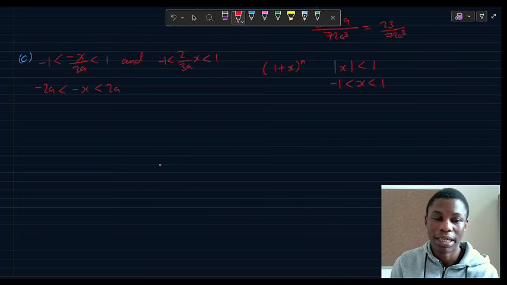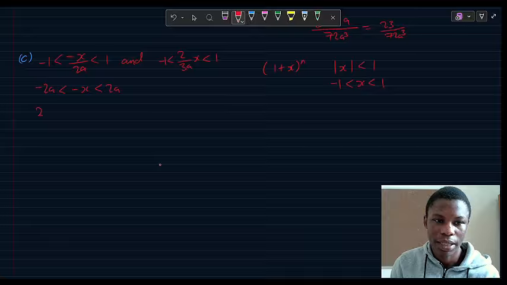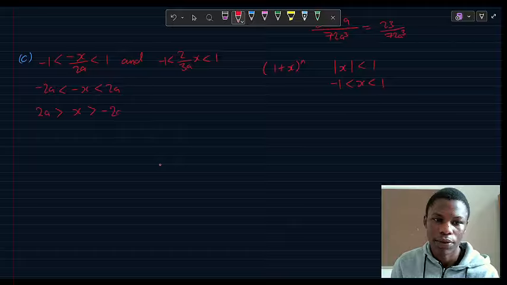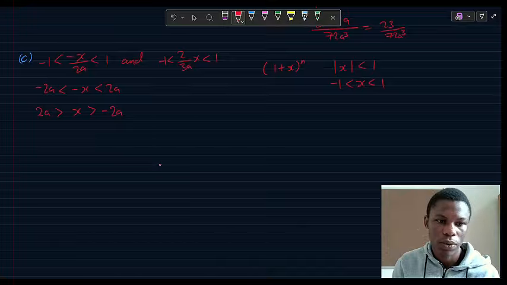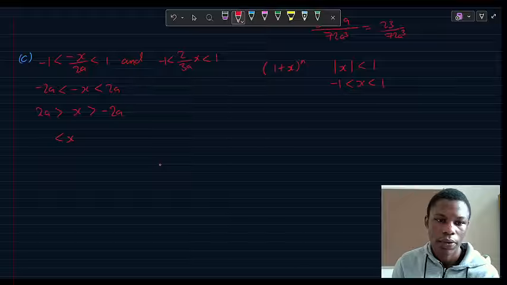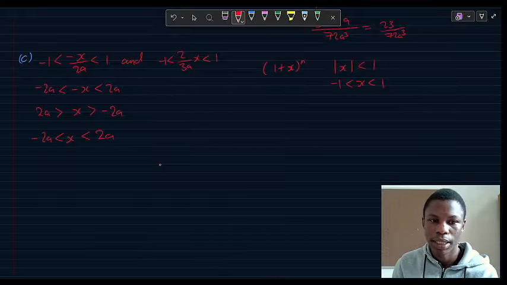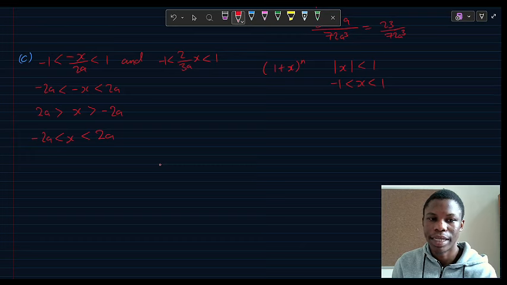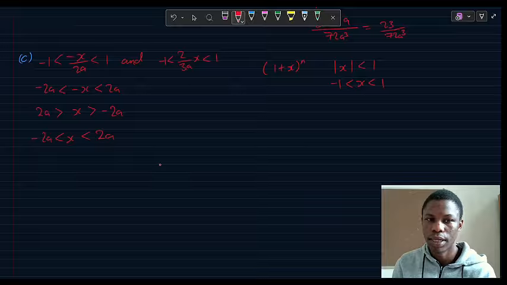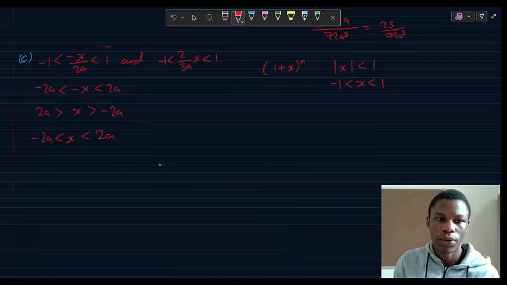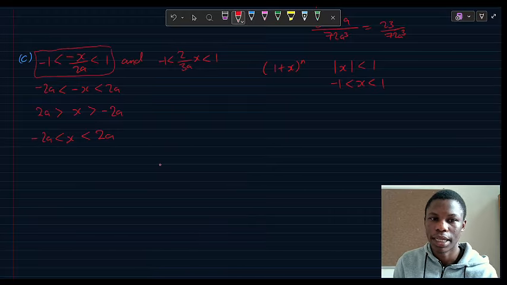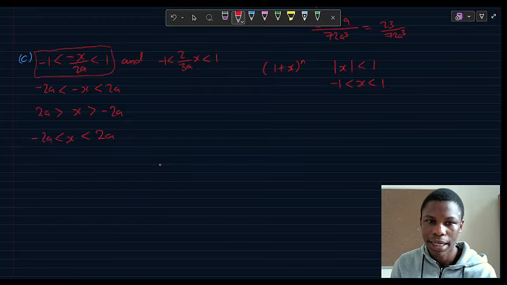Multiply through by negative 1, and you end up getting that 2a has to be greater than x, which is greater than negative 2a, which of course looks weird, so write it properly: we've got the negative 2a here and the positive 2a here. All right. So x has to be between negative 2a and 2a for this to be between negative 1 and 1.